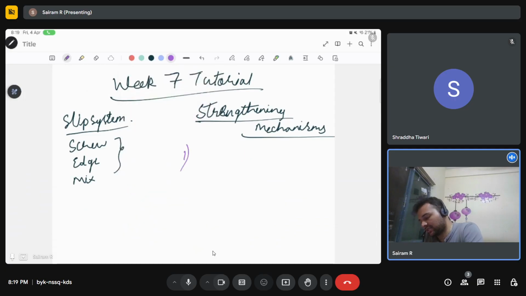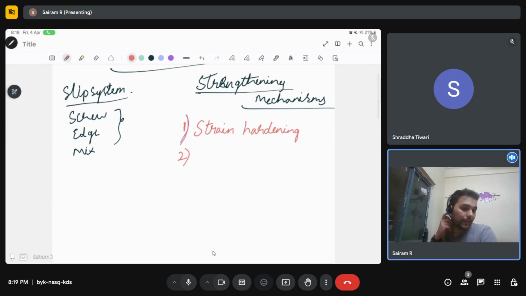The first thing is strain hardening, which we saw last time. First topic was strain hardening.